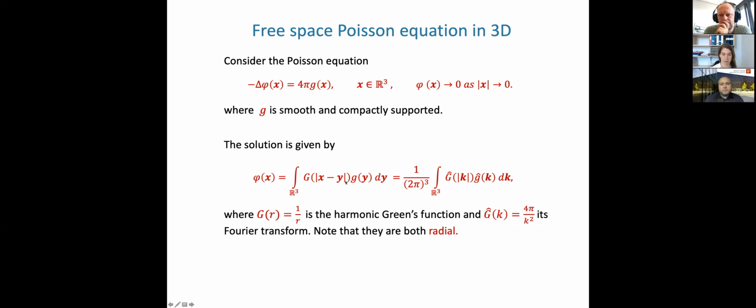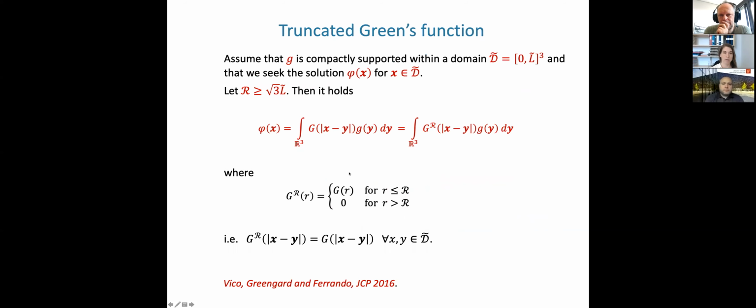But as I said, we assume that G is compactly supported within some domain, and we seek the solution within the same domain. Then we know that between two points in this domain, if we think it's a cube, there is a maximum distance. It's the square root of 3 times L, or L tilde, as I call the distance.